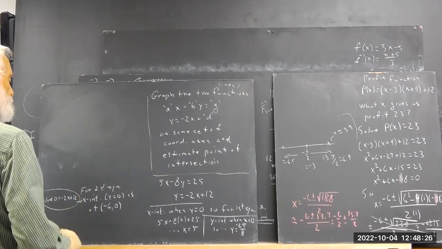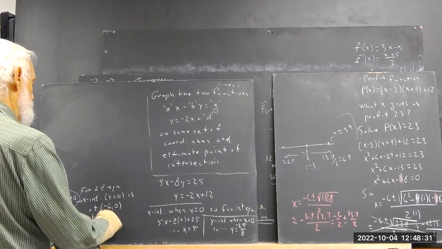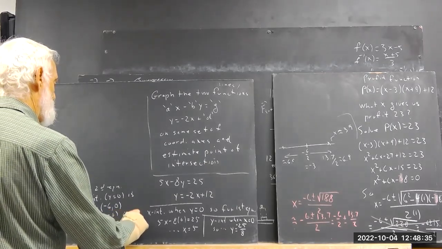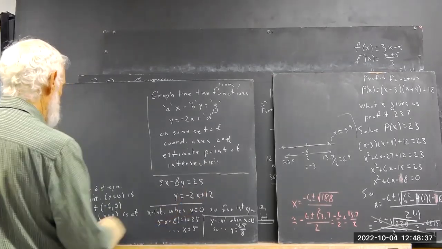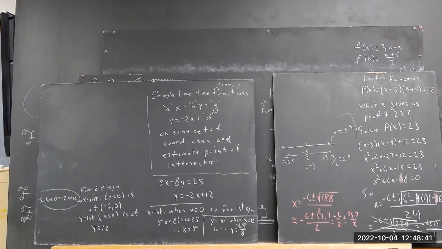Okay, so that's the x-intercept. Y-intercept, which is when x equals 0. Well, if x equals 0, y is 12. Okay.